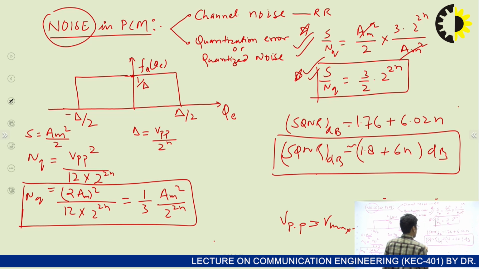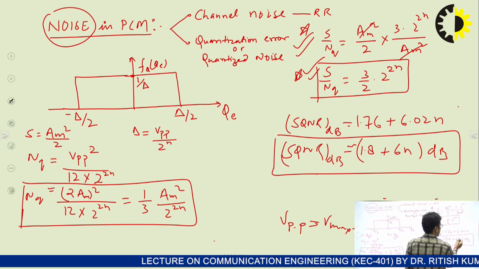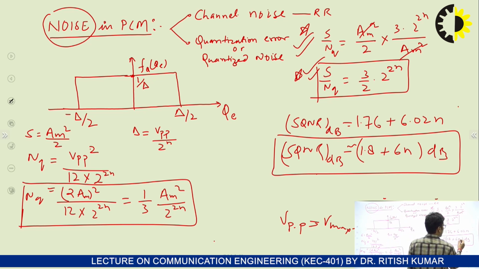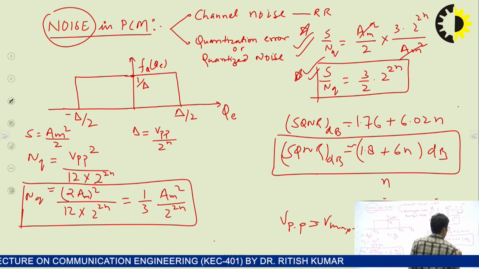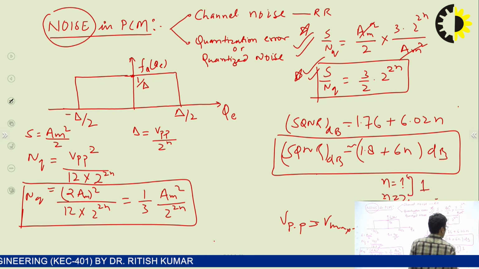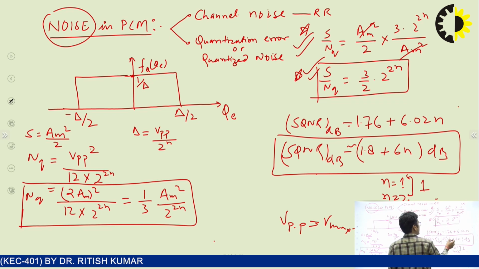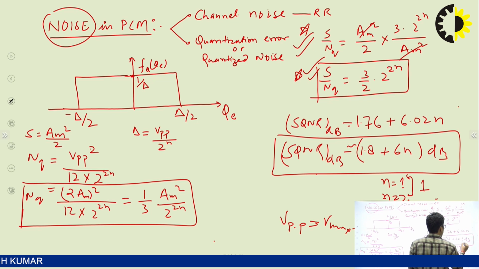So you can clearly observe here, by increasing the number of bits by 1, there is an improvement in the SQNR of 6 dB.